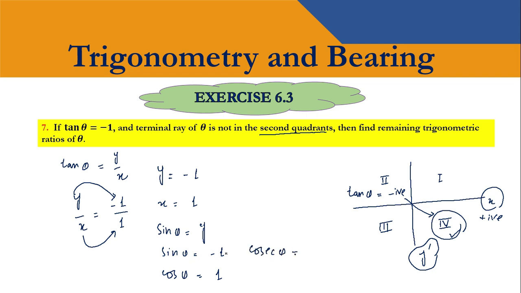The reciprocal of negative 1 is negative 1, and the reciprocal of cos theta, which is 1, is 1. Similarly, the reciprocal of tan theta, which is cot theta, is equal to minus 1. So we have calculated all the trigonometric ratios related to this question.